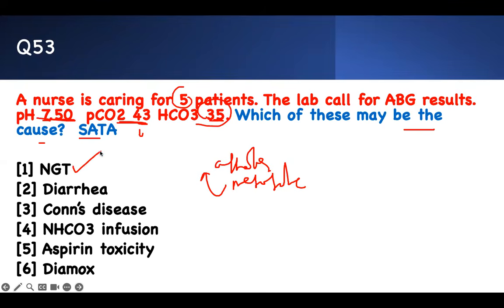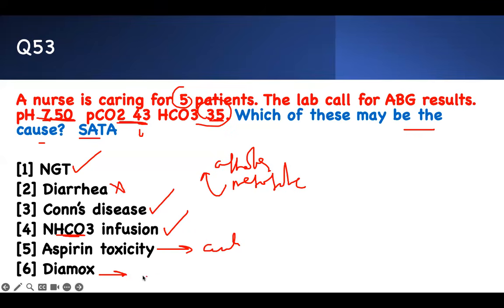NG tube, metabolic alkalosis. Diarrhea is opposite, right? Crohn's disease, what do you think? Aldosterone level? Yeah. That's metabolic alkalosis. Bicarb infusion, I'm giving you bicarb, metabolic alkalosis. Aspirin toxicity, this is acidosis.